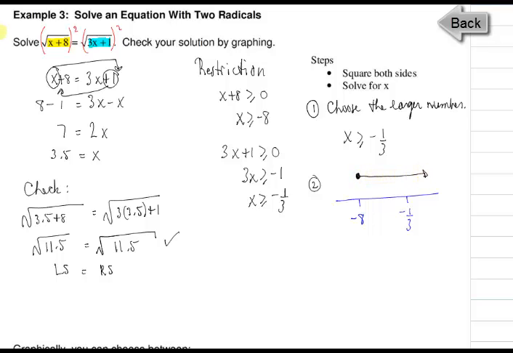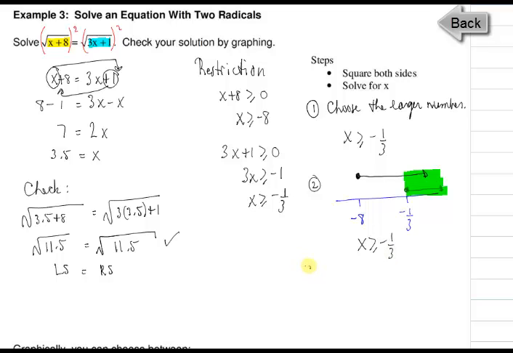And we will do the same thing with negative 1/3, closed circle to include the negative 1/3, everything to the right because it's greater than or equal to negative 1/3. And then what you're looking for here is where do the two graphs start to overlap. You can see that they overlap where x is equal to negative 1/3, and so we choose x is greater than or equal to negative 1/3 as our restriction.